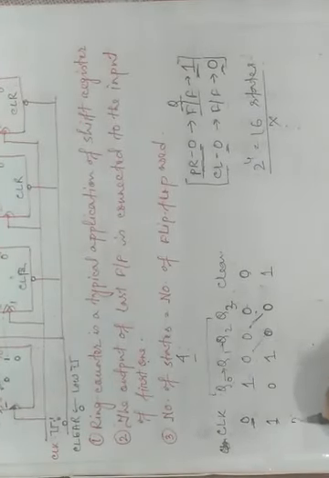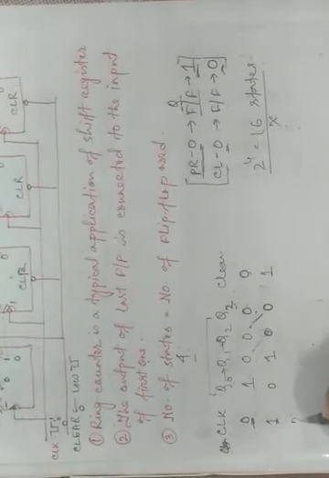In the fifth clock pulse, it again repeats, meaning Q3 goes to Q0, Q0 goes to Q1, Q1 goes to Q2, Q2 goes to Q3. For the sixth clock pulse, Q3 goes to Q0, that means 0 goes here, Q0 goes to Q1, Q1 goes to Q2, Q2 goes to Q3.